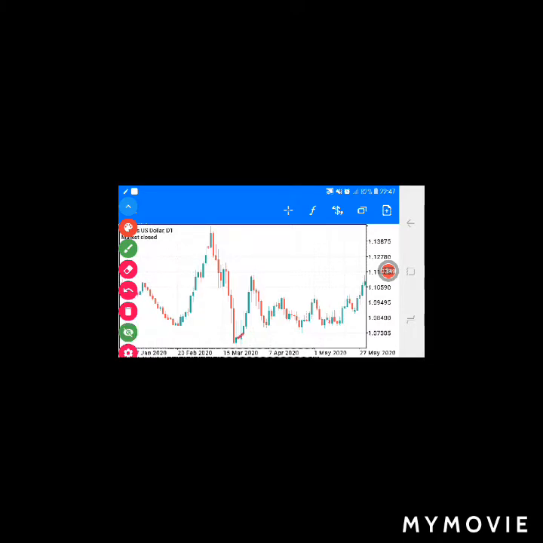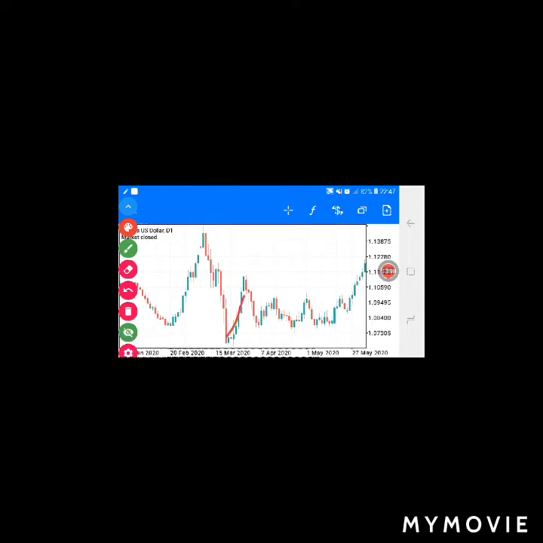Then as the market came down, it went up again. As it went up, you realize that it went down, and this time it never came to our previous low. So this was our first retracement. As you can see, this is our high.